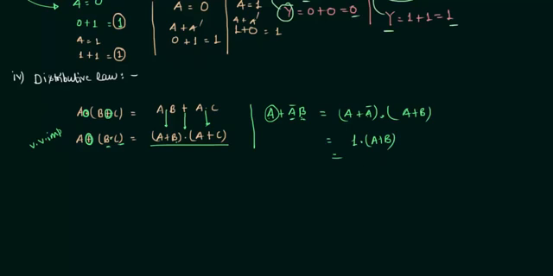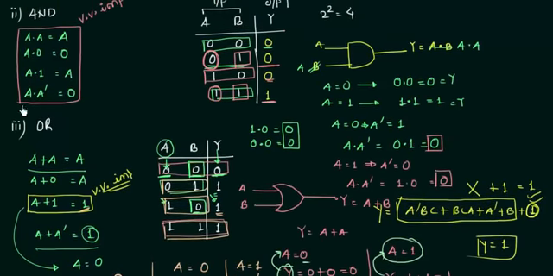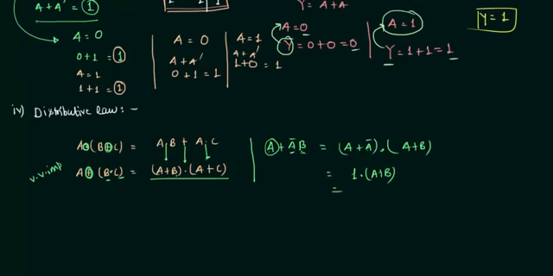And 1 and (A or B): from here you can see 1 and A is equal to A. So if I say this (A or B) is X, then I have 1 and X, which is equal to X, and X is A or B. So I have A or B. So directly, when I have A or (A complement and B), I will just eliminate this A complement and I will have A or B. This is the most important part of Boolean algebra.